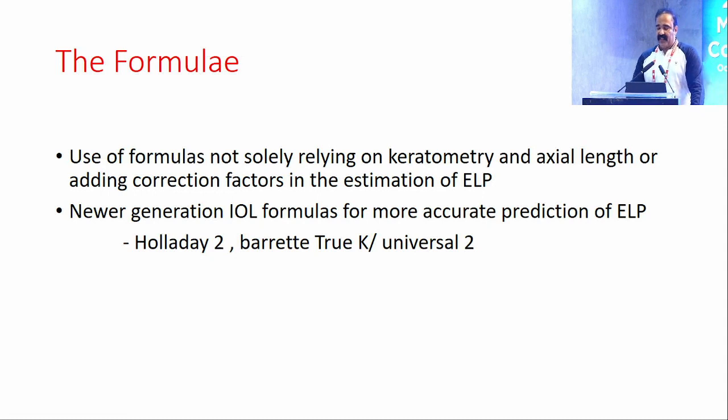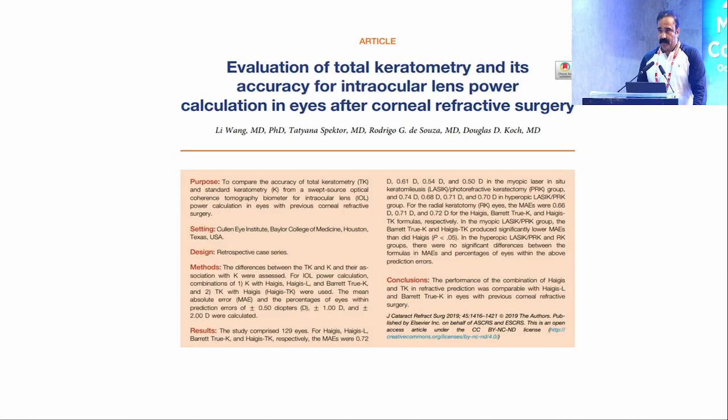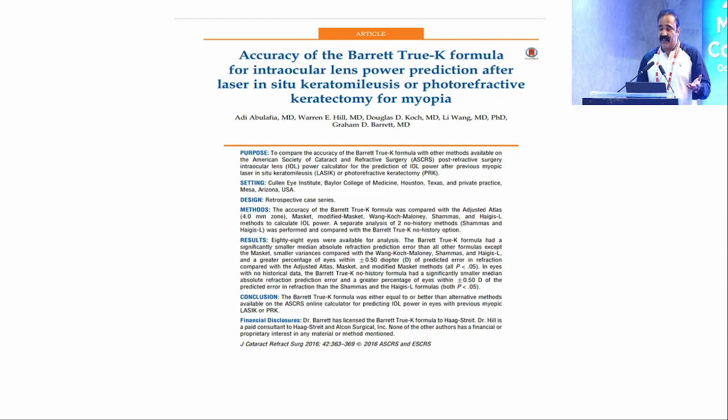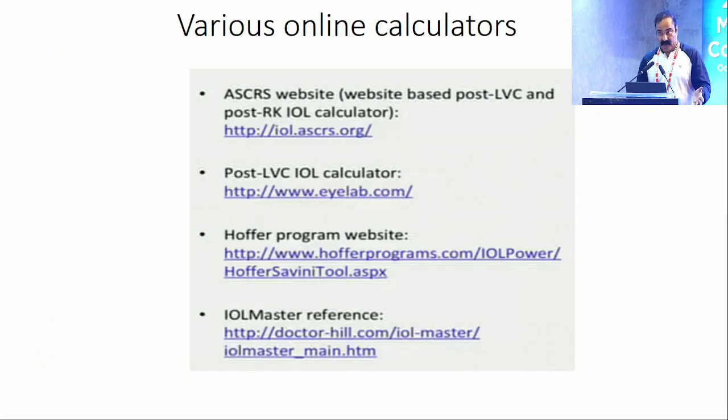The newer generation formulas include Holladay 2, Barrett True-K, and Universal 2. When you ask prolific surgeons doing a lot of post-refractive cataract surgeries, many use the TK from IOL Master or Pentacam and do the IOL power calculation, and they're getting pretty accurate results. All these studies have shown that it works.